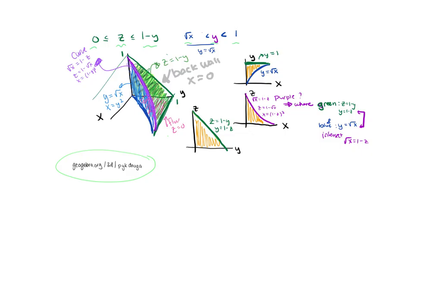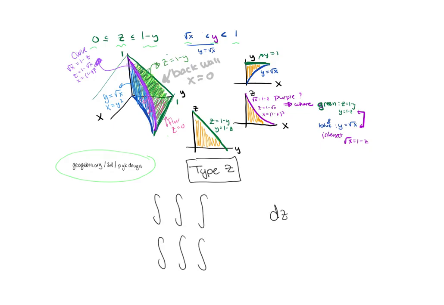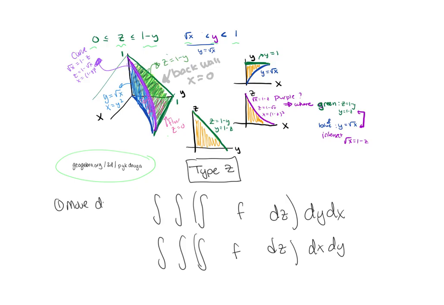And finally here, let's do our type z's. And so I want to do my z first integrals. After we do z, we can either do yx or xy. And so if I do z first, I want to move in the direction of the z-axis, bottom to top.